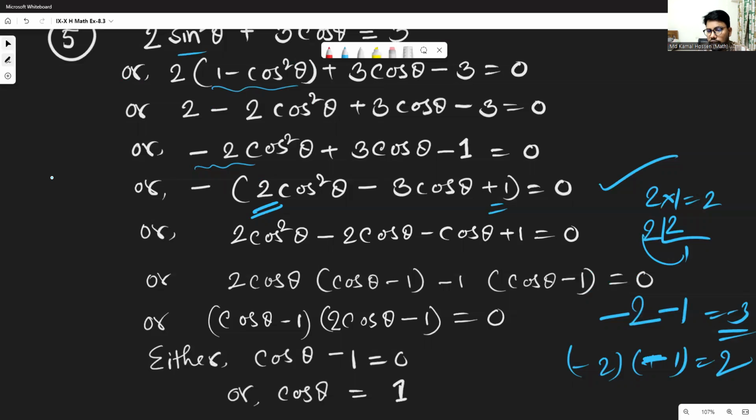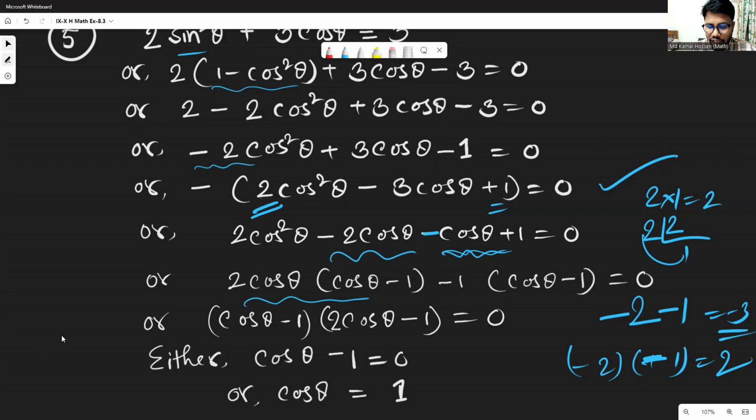And this is 2 cos square, plus 2 cos square multiply 1 is plus 2 cos square theta. So now there is minus 2 cos theta minus 1 cos theta. In the first and second part, take 2 cos theta common. In the third and fourth part, we can take only minus common. This is nothing but the coefficient minus 1.